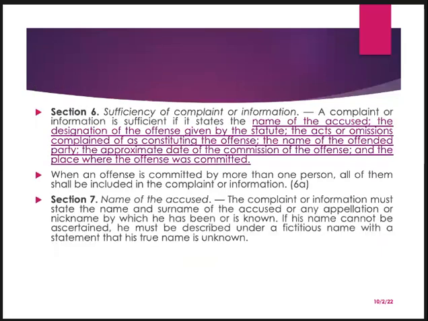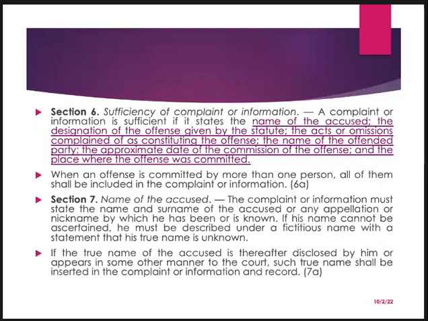By Tuesday, we will continue our discussion on section 6, okay? Sufficiency of complaint or information. Now, after we finish Rule 110 as a way of determining if you have really understood Rule 110, I want you guys to, we will have an activity. We will have an assessment task in the form of a preparation of an information. And I will just post the mechanics later on.